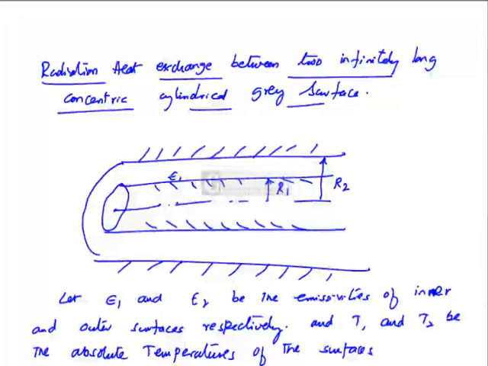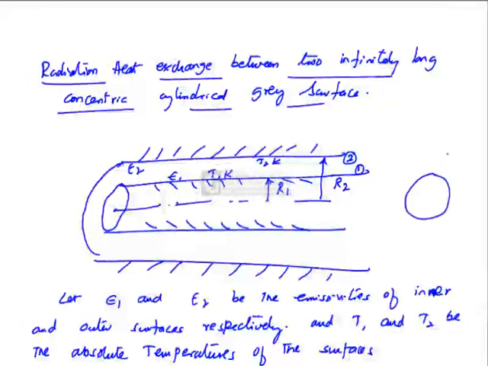Epsilon 1 be the emissivity of the inner surface, epsilon 2 be the emissivity of the outer surface. T1 Kelvin be the temperature of the inner surface, T2 Kelvin be the temperature of the outer surface. R1 and R2 be their radii. Inside surface is treated as 1, outside surface is treated as 2.